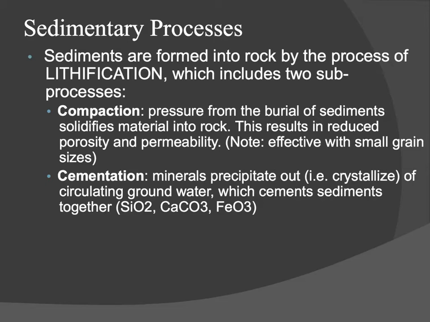In that case, the space between the individual sediment grains gets less, and we call that space porosity. So as you get more compaction, porosity typically gets less and less. Normally, when the porosity gets less and less, the connections between the open spaces, which we call permeability, also get less and less.